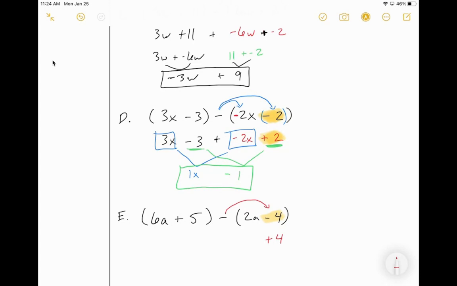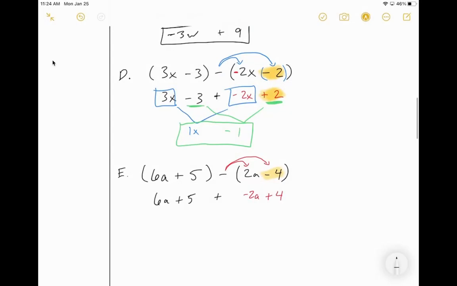Yeah? Good, Dulce. And then the 2a, we know it becomes a negative 2a. Most of you did that pretty well. Okay, so now I got 6a plus 5 plus a negative 2a plus 4.